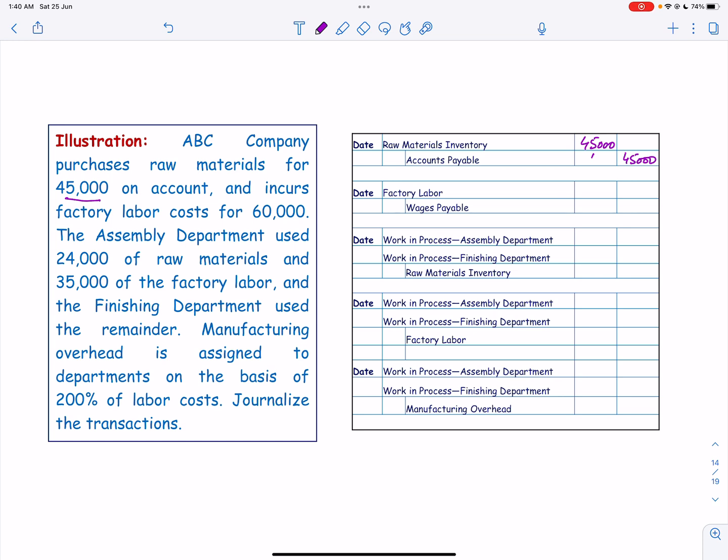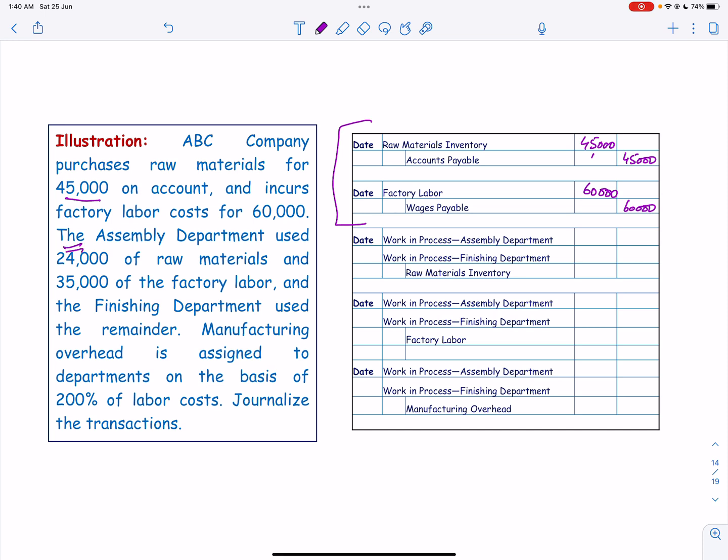Then they are incurring labor cost of 60,000, so factory labor is debited by 60,000 and wages payable is credited by 60,000. So these two are the general entries for accumulating the cost.